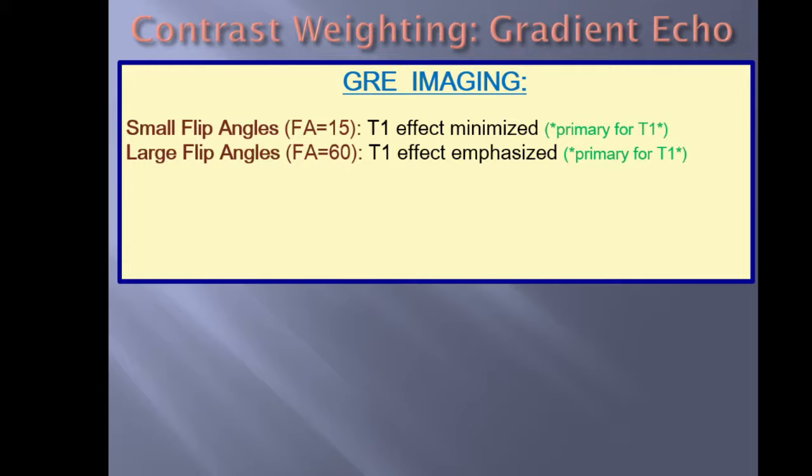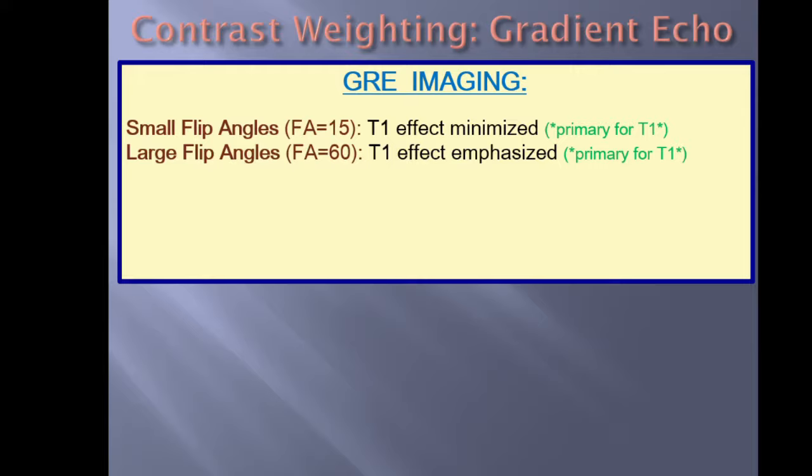You can think about this kind of like in a spin echo, it was all about the TR. How much did we allow it to recover, right? Now, if you're using a very small flip angle, you're barely taking any magnetization out of Mz, which means that it kind of doesn't matter how much things regrow. So you're de-emphasizing T1.